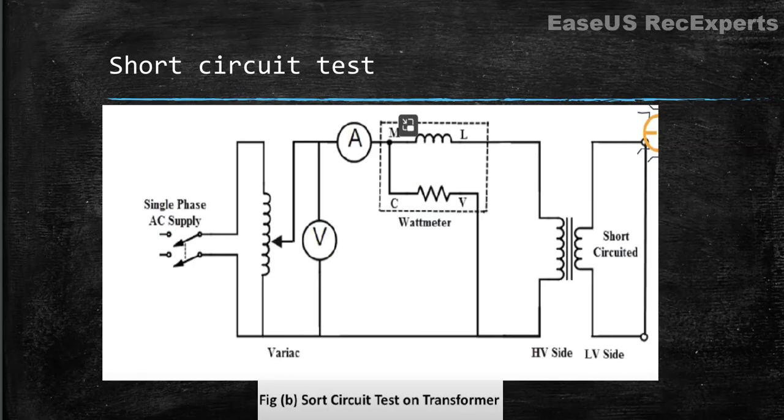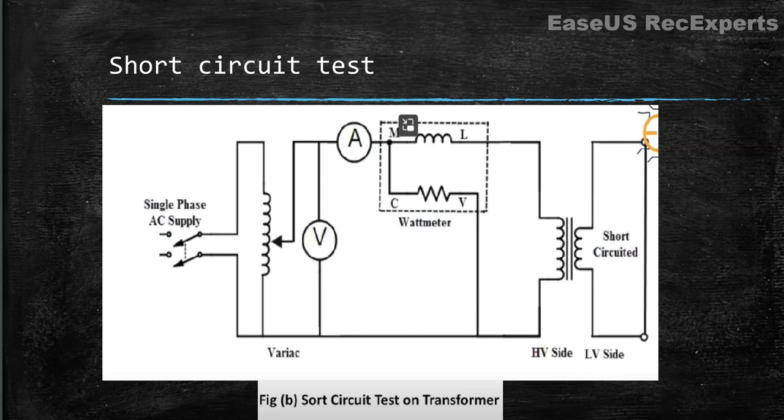Now let us study the short circuit test. It is basically used to determine copper losses as well as the equivalent parameters of the equivalent circuit. In this test, the supply is given to the HV winding, whereas the LV winding is short circuited by using a thick copper wire. Let us see the circuit diagram for the short circuit test.